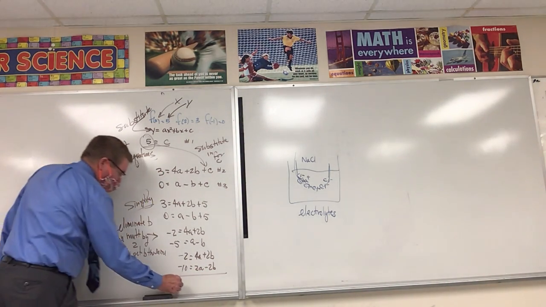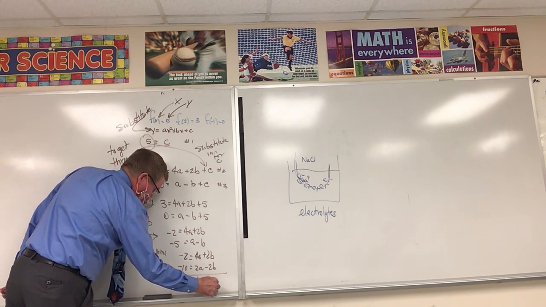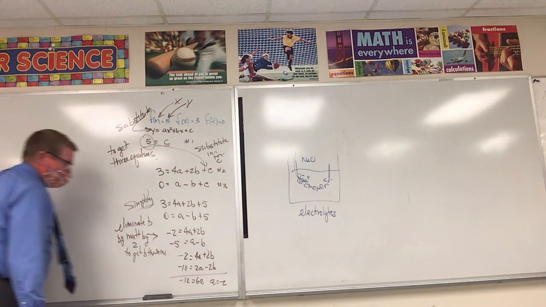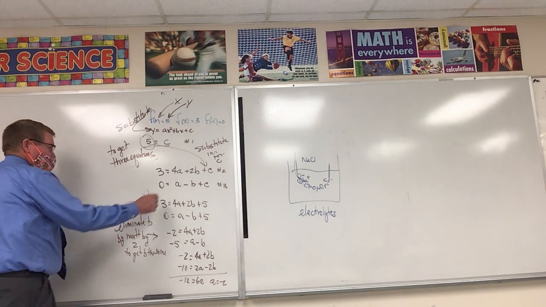Then add them. A equals negative 2. What am I going to do with that? Take A equals negative 2, C equals 5, and plug them into our equations.